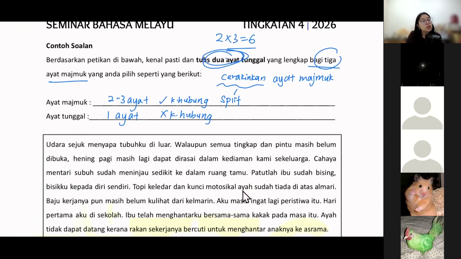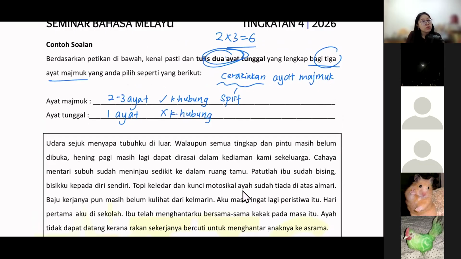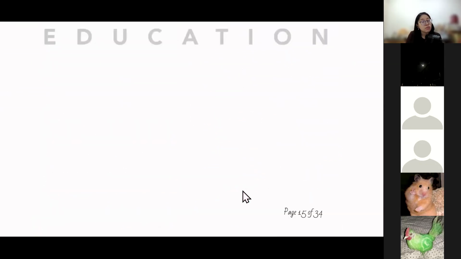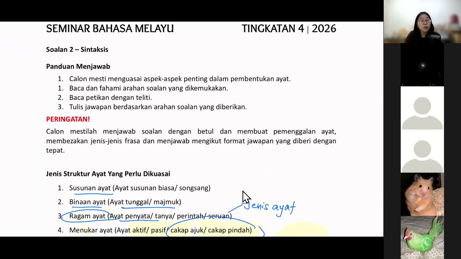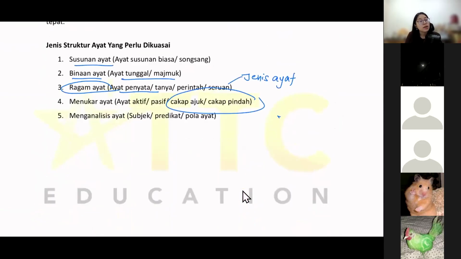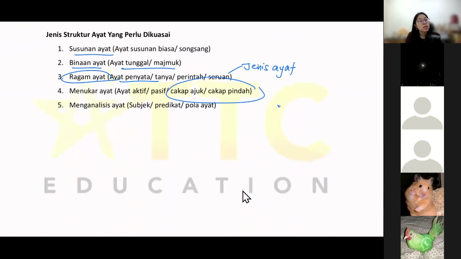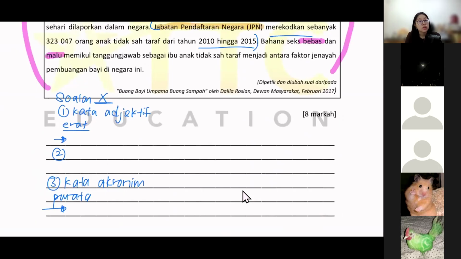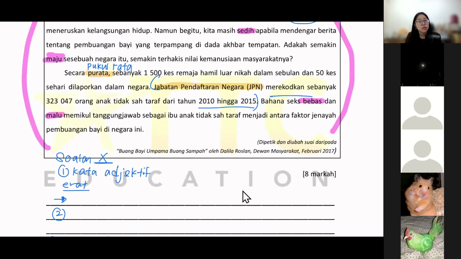For kata acronym, do you need to write the letter short form when you bina ayat? You mean like the pukul rata, is it? The full name, or what do you mean? Don't need to write full name, just write purata. Oh, you mean the JPN?